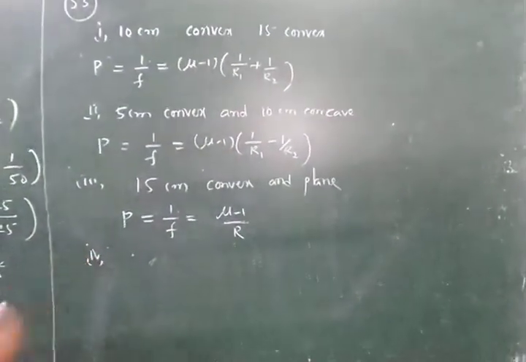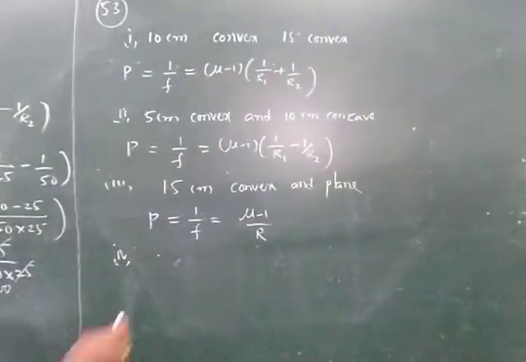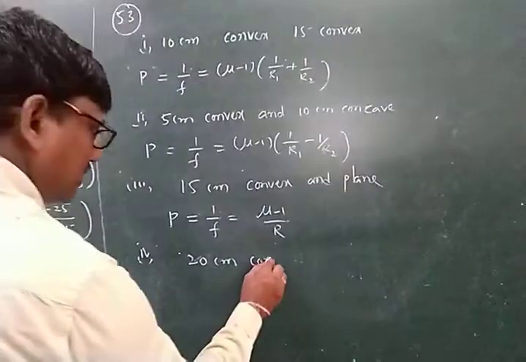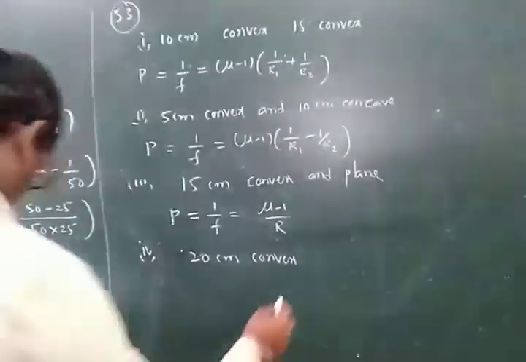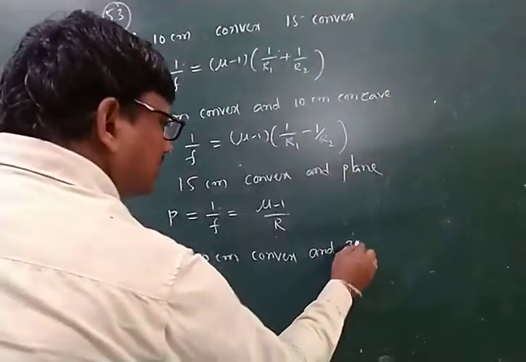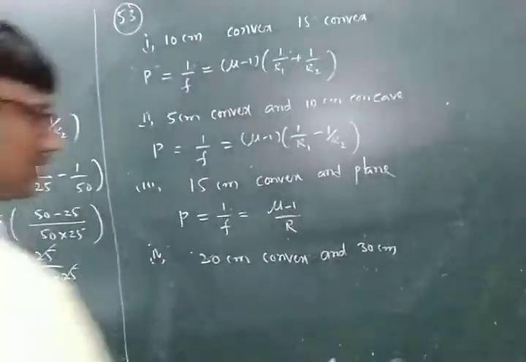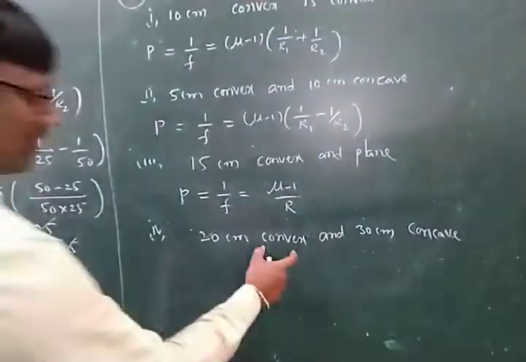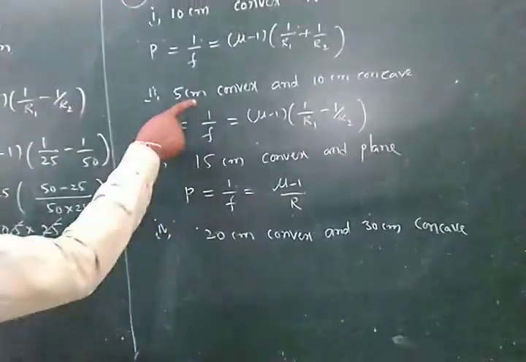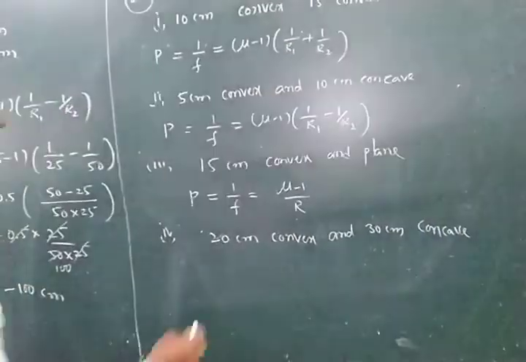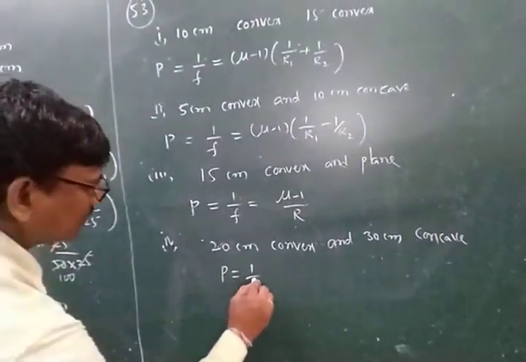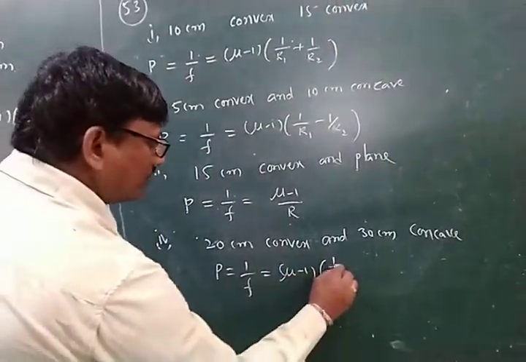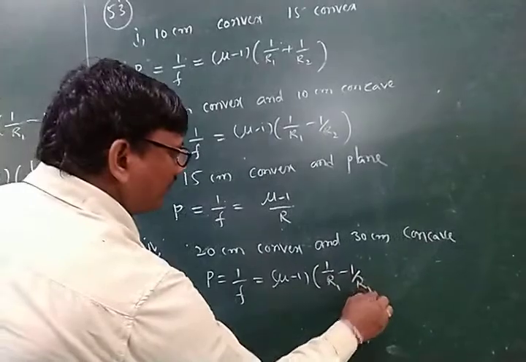Now the fourth one is given as 20 centimeters convex and 30 centimeters concave. One lens is convex, another lens is concave, like the second option. The formula: power is the reciprocal of focal length, equal to (nu minus 1) into (1 by r1 minus 1 by r2).